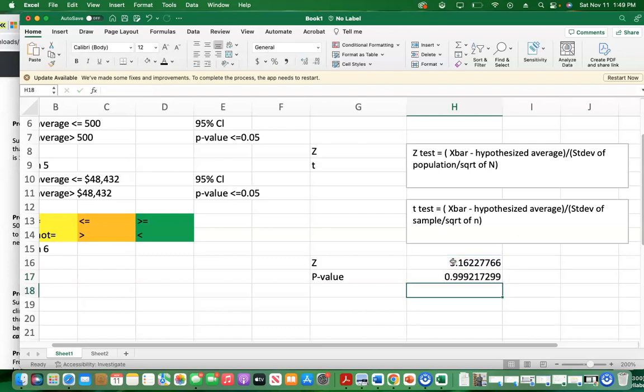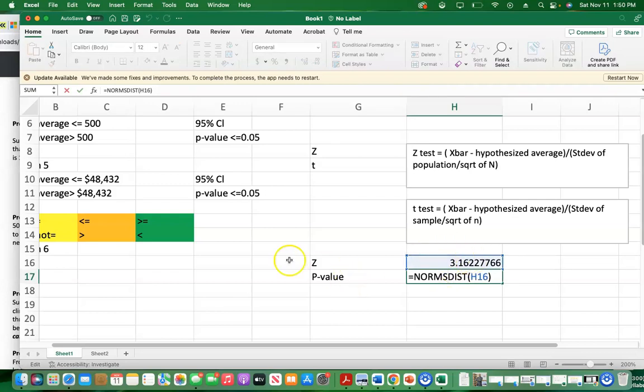So here we have the value 0.999217299. That is not actually the probability value of the z, which is positive. So we will go back to the p-value function, double click. As I said, the z value is positive.